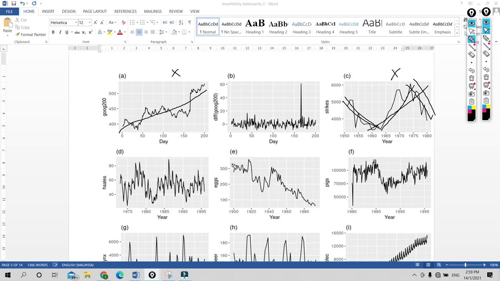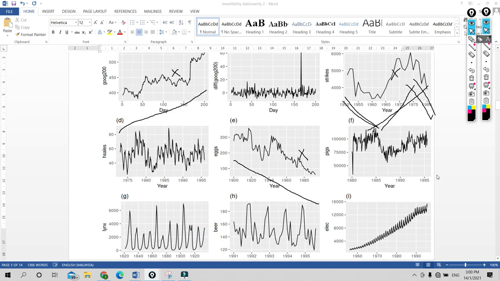And for case E, you have the downward trend. This also cannot be considered stationary. Then what about this one?